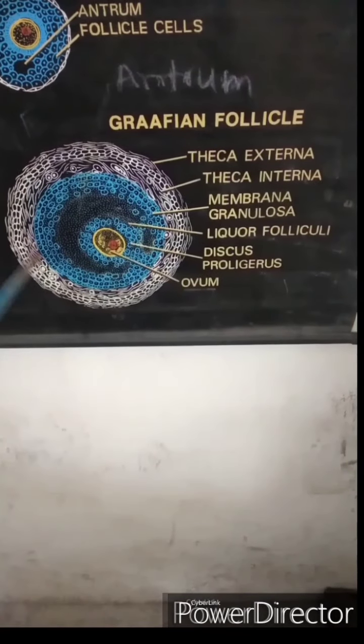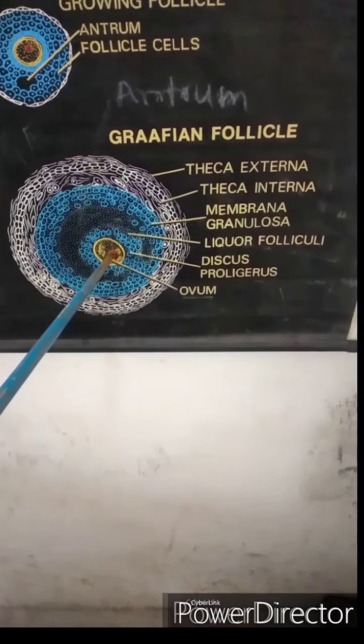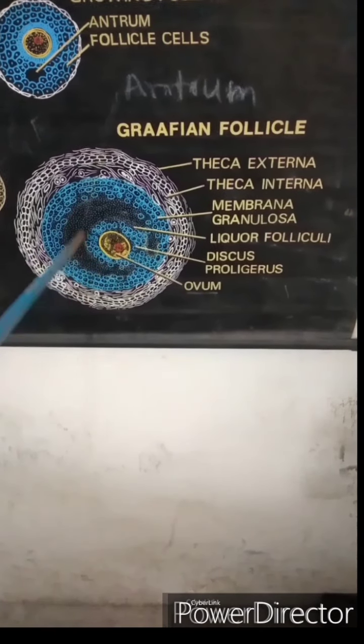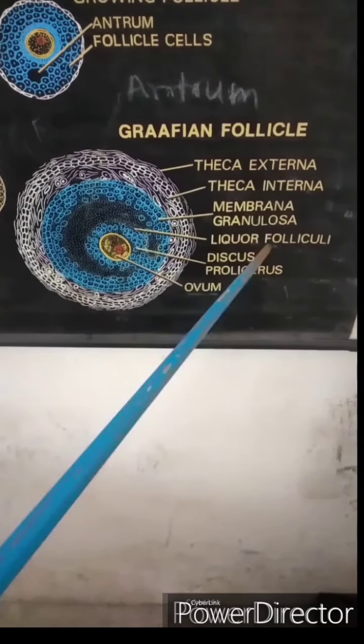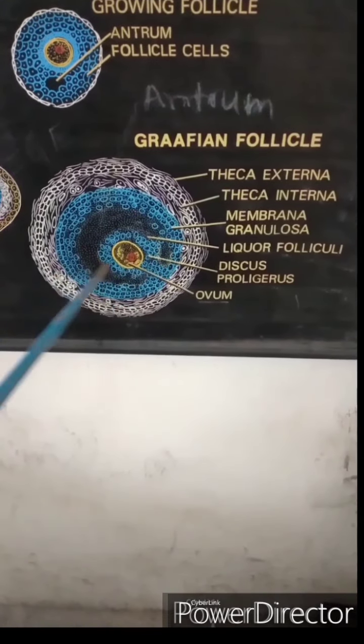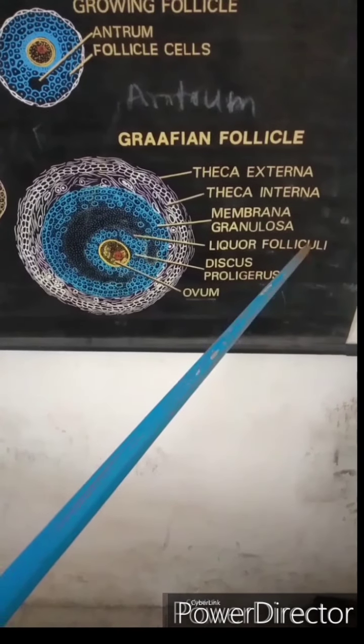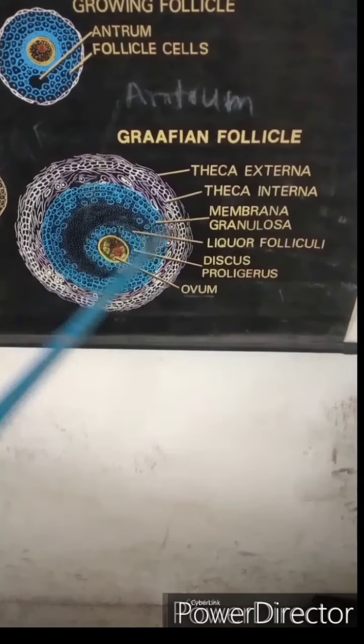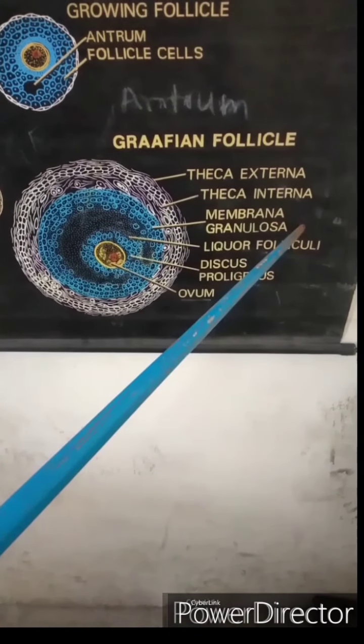The Graafian follicle contains an ovum in it and here is the antrum. The antrum contains a liquor, hence it is known as the liquor folliculi. Here are the granulosa cells and hence it is known as the membrana granulosa.